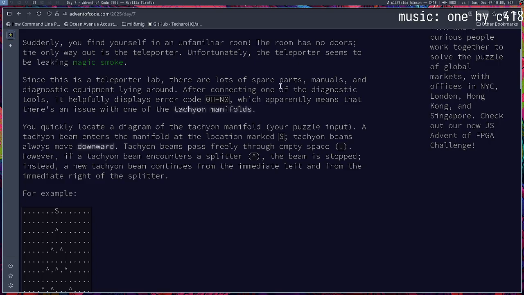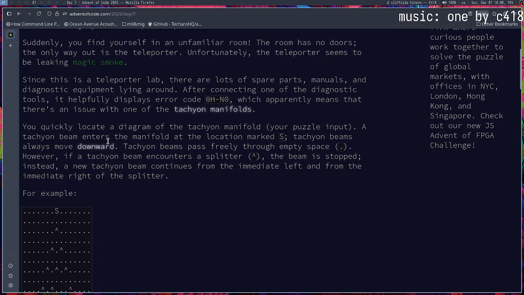After connecting one of the diagnostic tools, it helpfully displays error code "Oh no," which apparently means that there is an issue with one of the tachyon manifolds. We quickly locate the diagram of the tachyon manifold, your puzzle input.